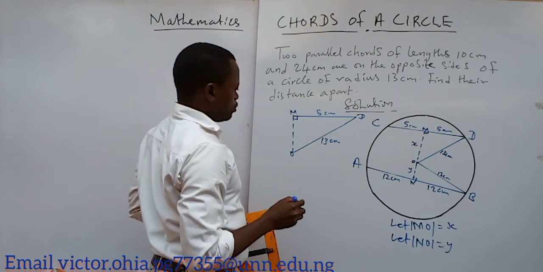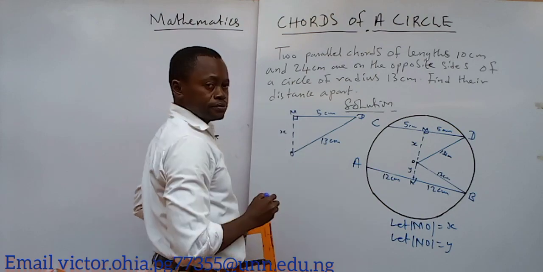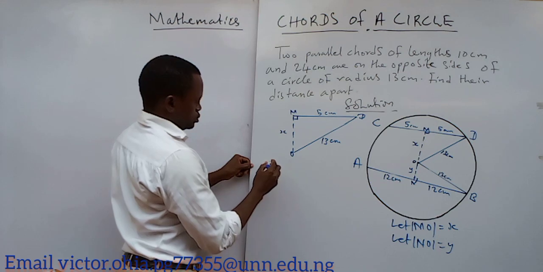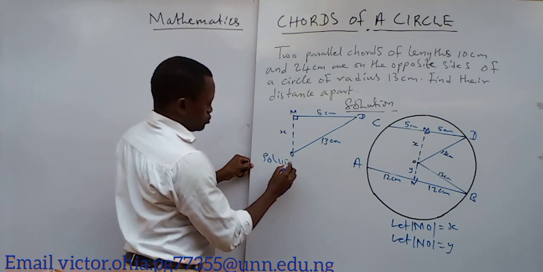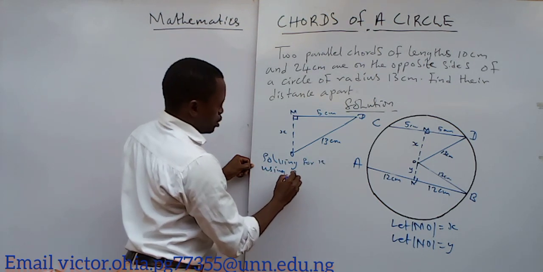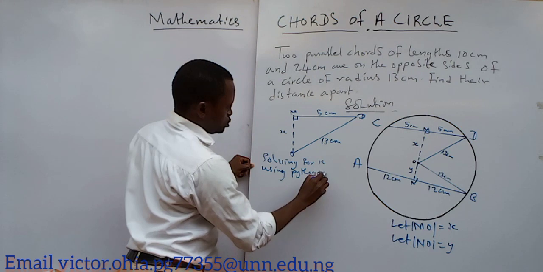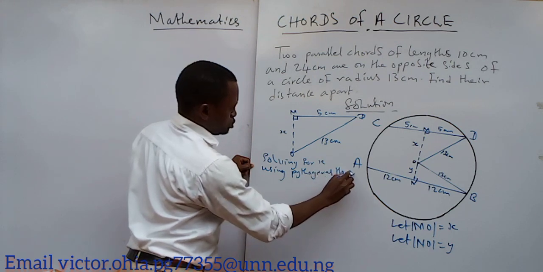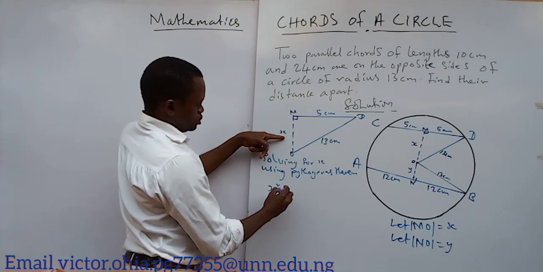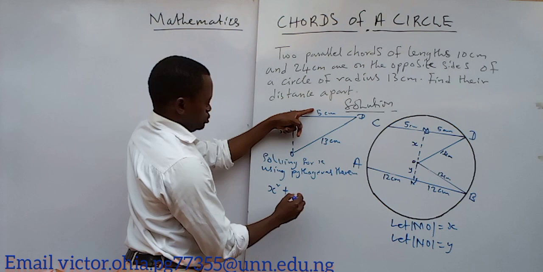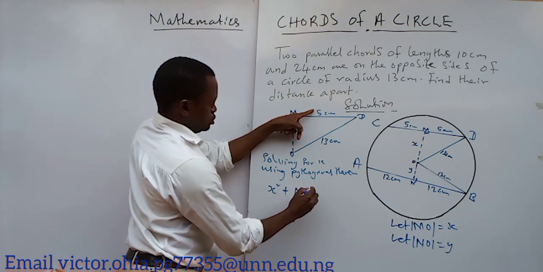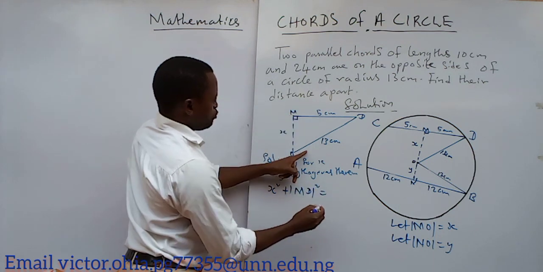Now, do you realize that here being X, I can say, solving for X using Pythagoras theorem, that says opposite squared plus adjacent squared, that is MD squared, is equal to the hypotenuse squared.